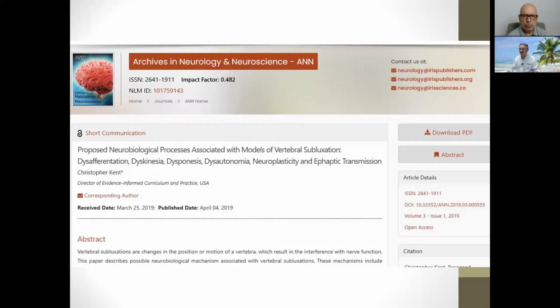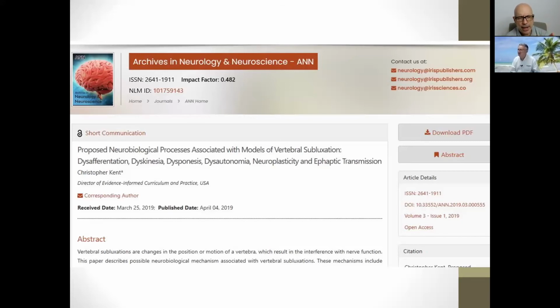Maybe someday, if we have some money, we'll be able to do some fMRI studies looking at connectomes and things like that. And the ephaptic stuff, we really don't have much technology available that I'm aware of for that. Again, it's something that's been observed in the laboratory, but we don't have an instrument that does that.